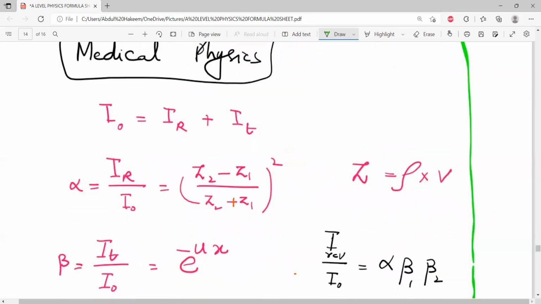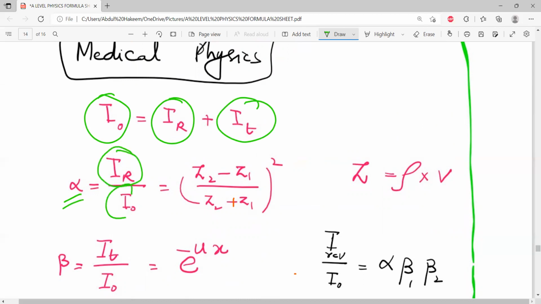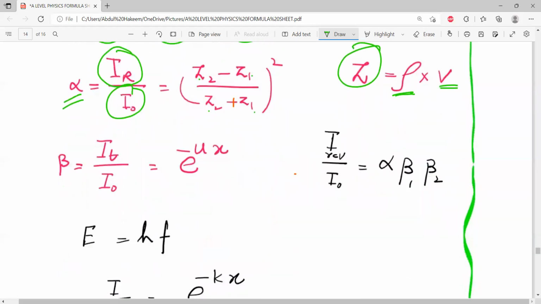And medical physics: the incident intensity is equal to the reflected intensity plus the transmitted intensity. Alpha, the reflection coefficient, is I R over I naught, equal to Z2 minus Z1 over Z2 plus Z1, whole square. This Z is the acoustic impedance, a product of the density of the medium and the speed of sound in that medium.